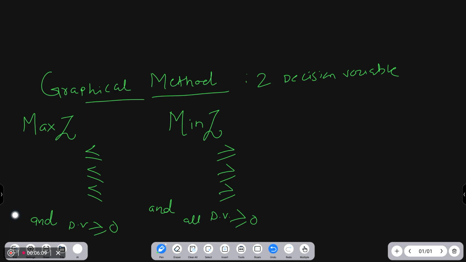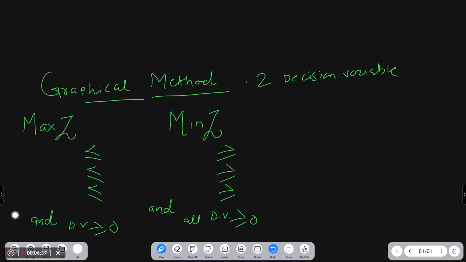This is the second possibility that an LPP can have, right? We are going to learn this canonical form in the duality of an LPP. If it is like this, then we can say yes, it's in canonical form, meaning it's in a proper form. But every time it is not going to happen like this, right?